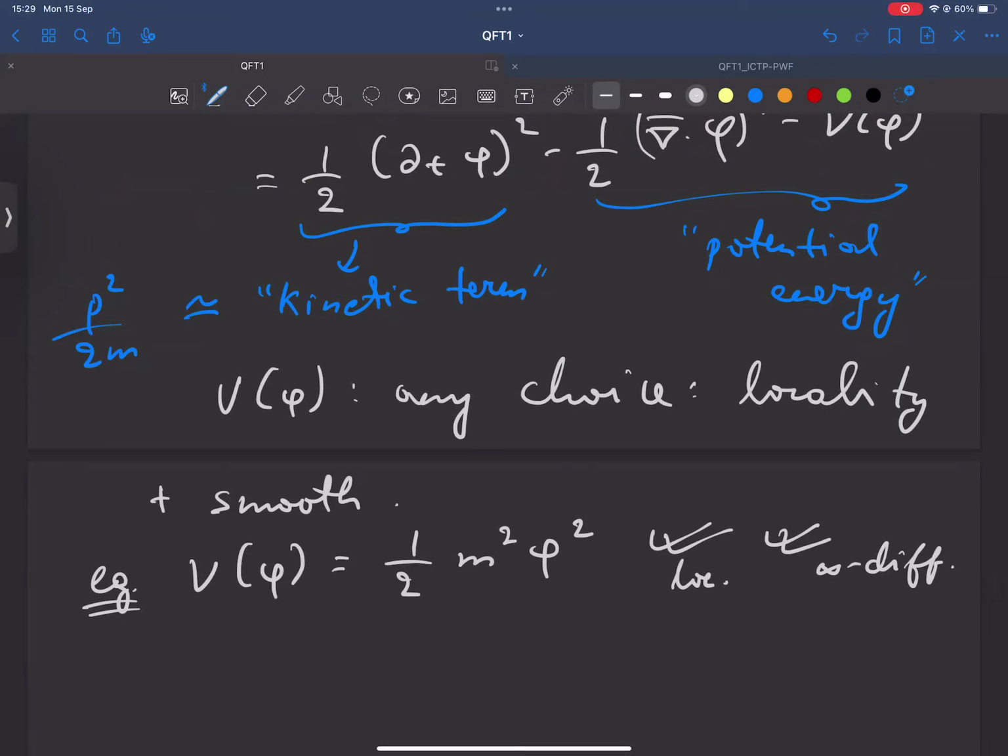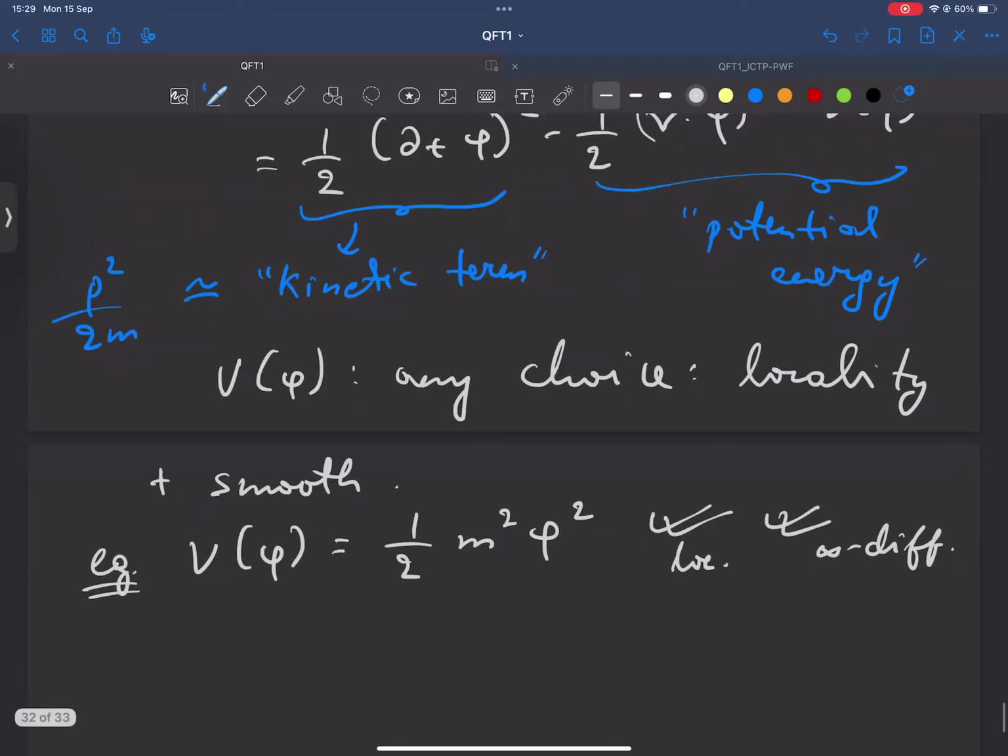So now, as an exercise, you can write down the Euler-Lagrange equation for this system where the Lagrangian is given like this.